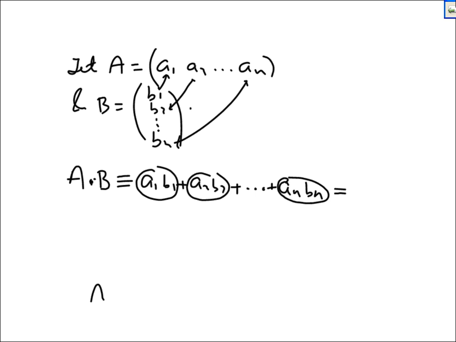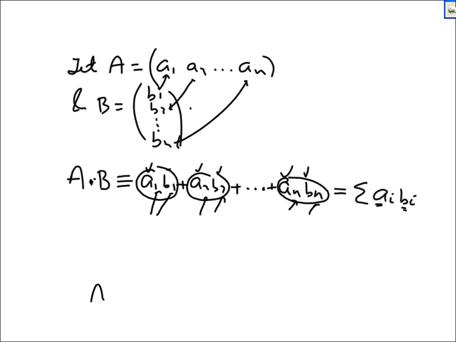This is nothing more than, in sigma notation, A_i times B_i. After all, what doesn't change are A and B. That's why I have A times B. What does change? The subscripts. They're both the same, and they change.